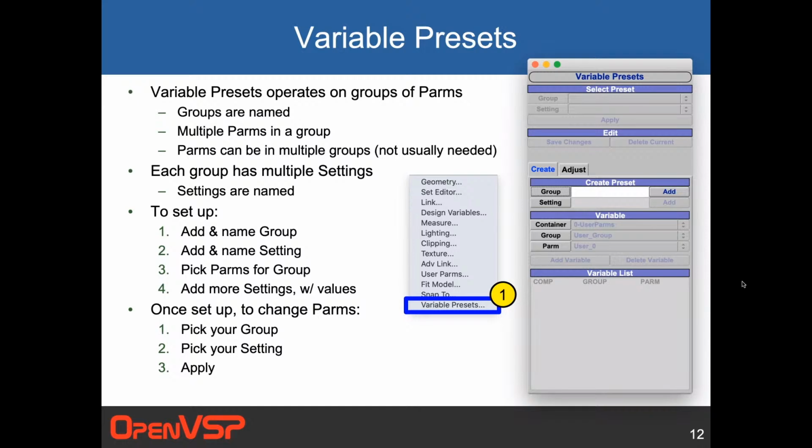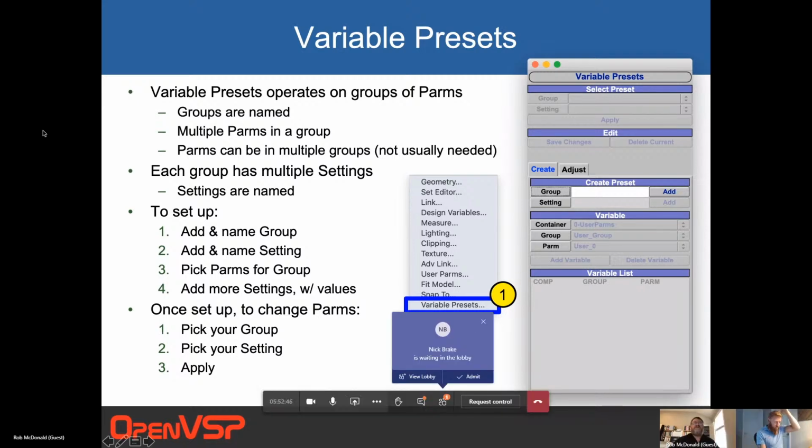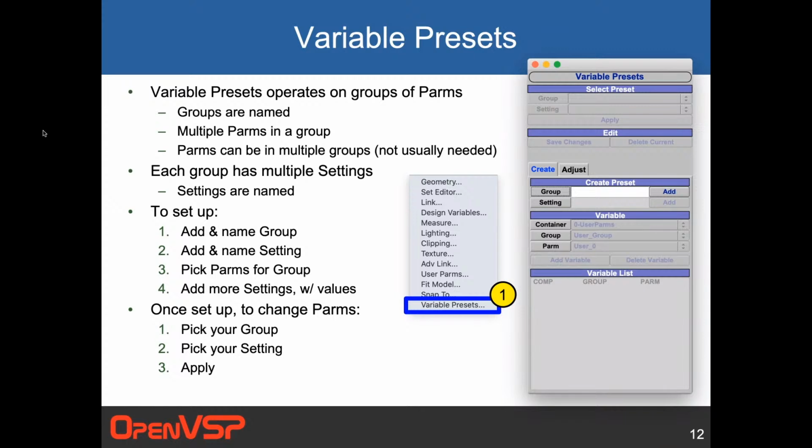The way it works is variable presets operates on groups of parameters. And so you're going to group the parameters into something like landing gear or mesh resolution. You're going to give it a name. So a group is named. You get to pick the name. And then there's multiple parameters in a group. So if you have landing gear and its articulation, you're going to have one that rotates the nose gear and a different one that rotates the main gear.